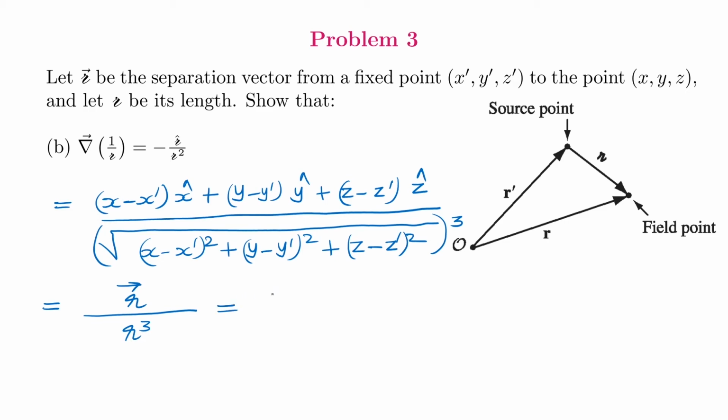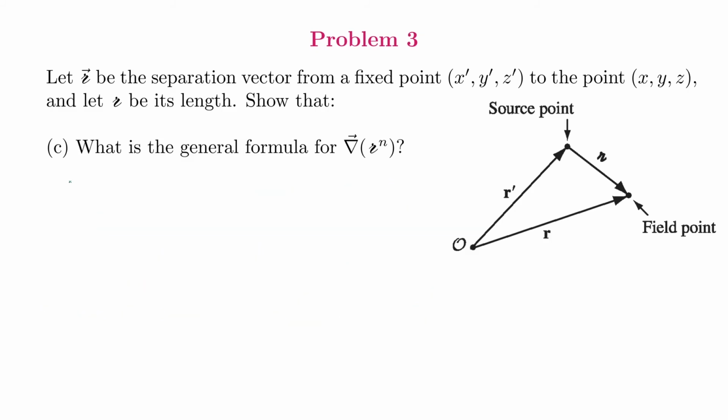And vector script r can be written in terms of the magnitude and the unit vector along the direction of r, as r hat times r, so this is r hat divided by r squared.